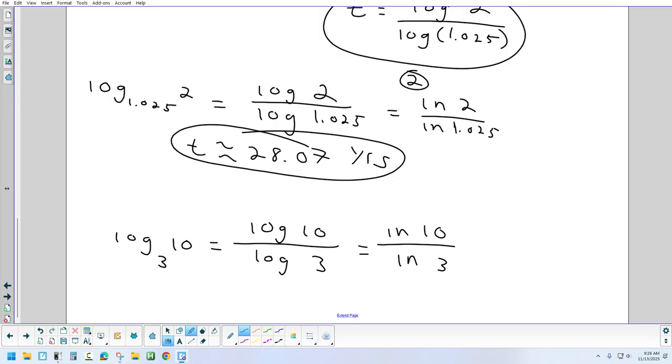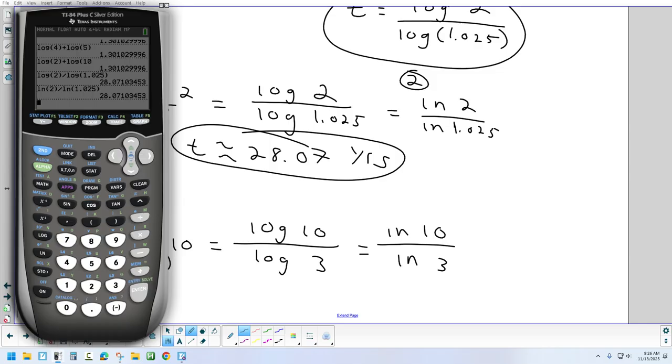Okay, what we've just kind of figured out, but haven't really formally written it down, is called the change of base formula. This is illustrating the change of base formula. It is how you type in a log that is not a base 10 or a base e. Now, some calculators might have a feature that allows you to directly modify the base, even if there isn't a button for it on the calculator.